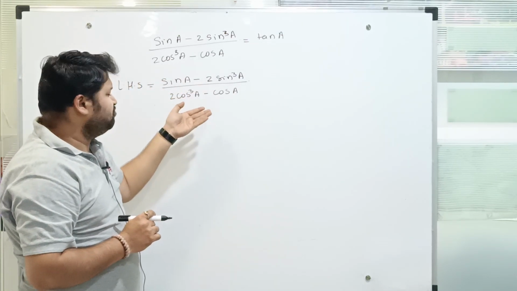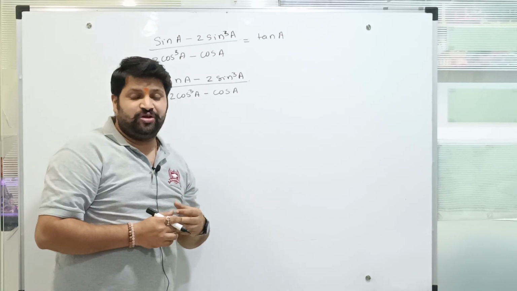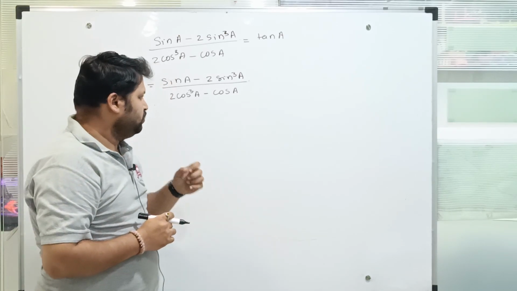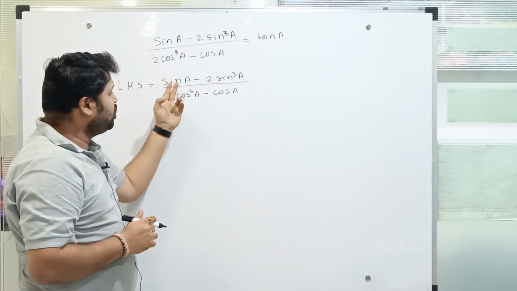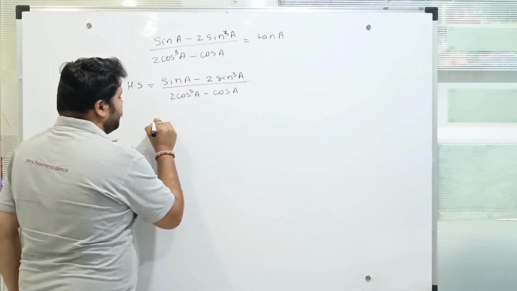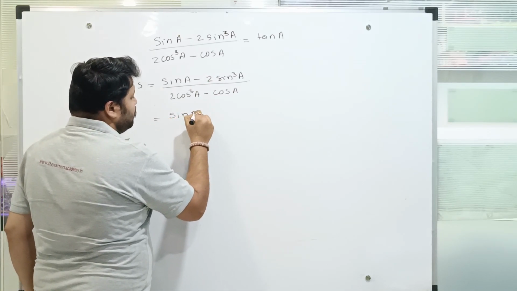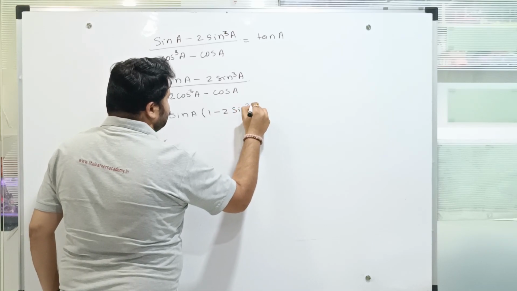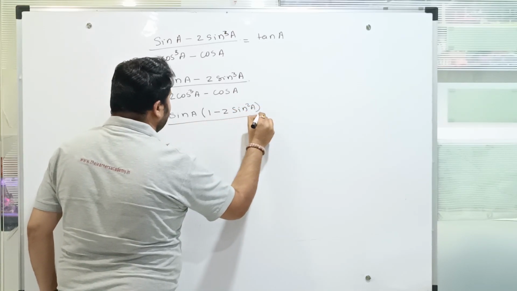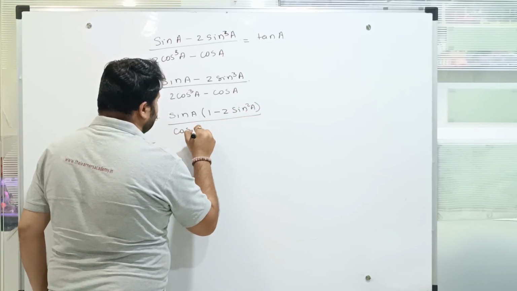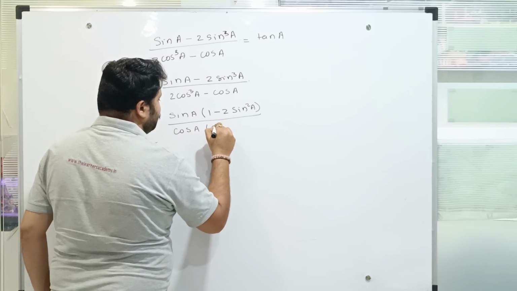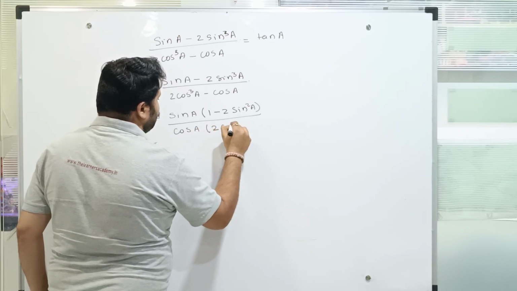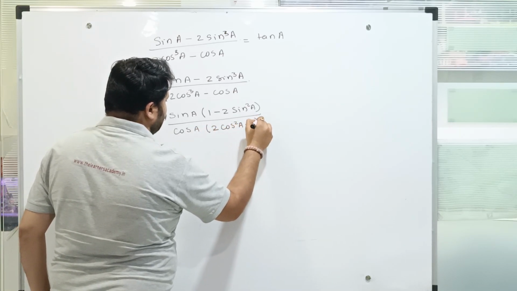However, though they look difficult, they are pretty simple to solve. Now what is common in the numerator? I can take sin A as common, and I'll get 1 minus 2 sin square A, and I'll divide it by cos A times, in bracket, cos square A minus 1.